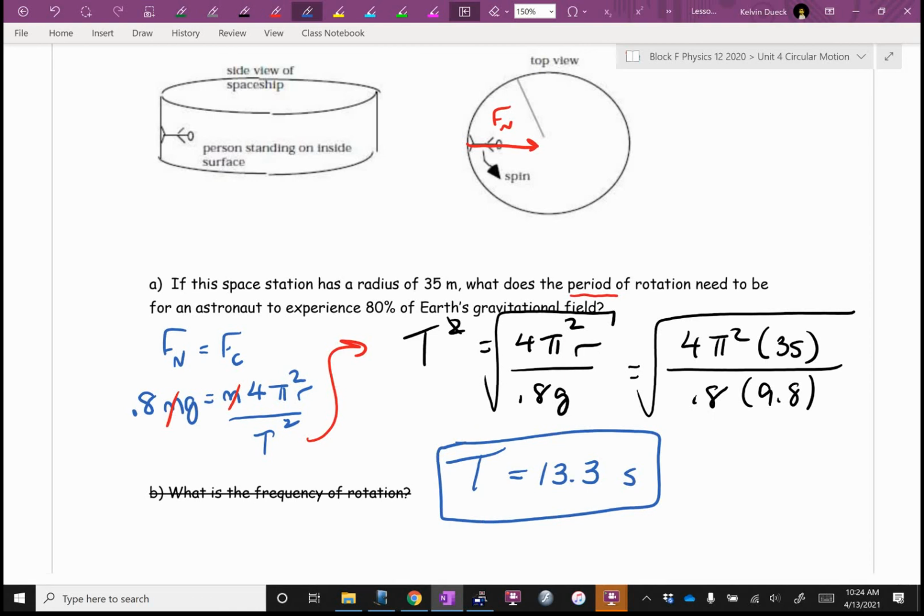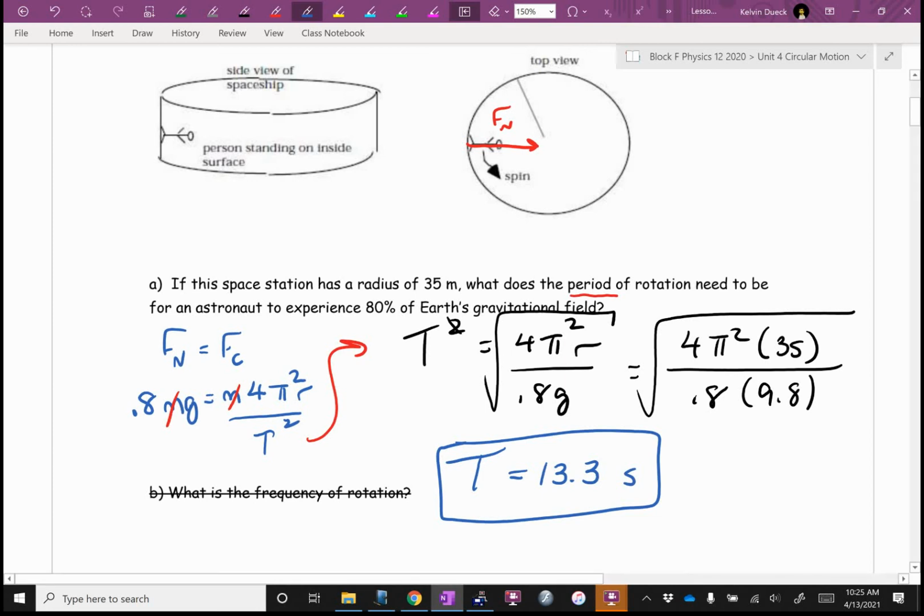Would that work in real life? Kinda. There'd be a bit of an issue. 35 meters is not that big. Your height is around 2 meters-ish, a little bit less. That's enough of a fraction of that 35 that your head would experience a slightly different fake G than your toes.